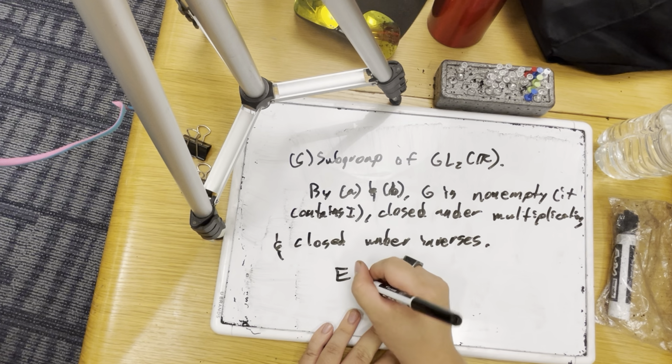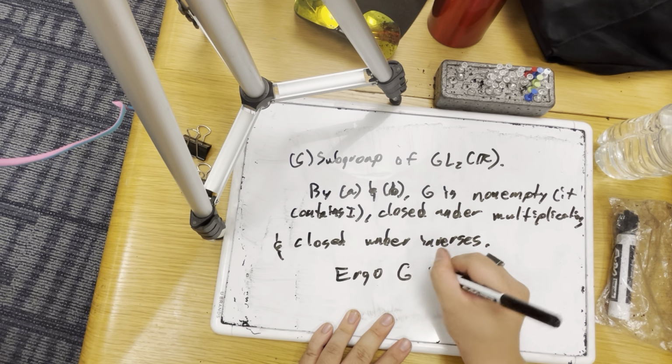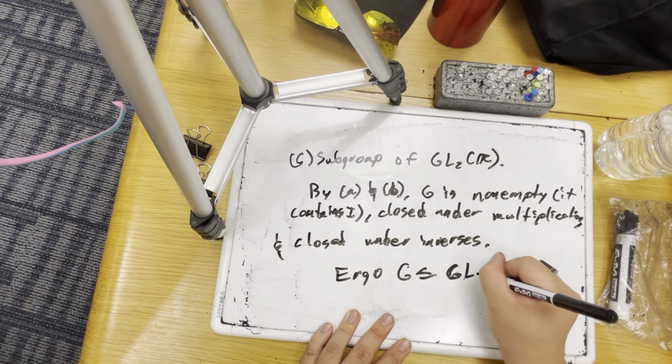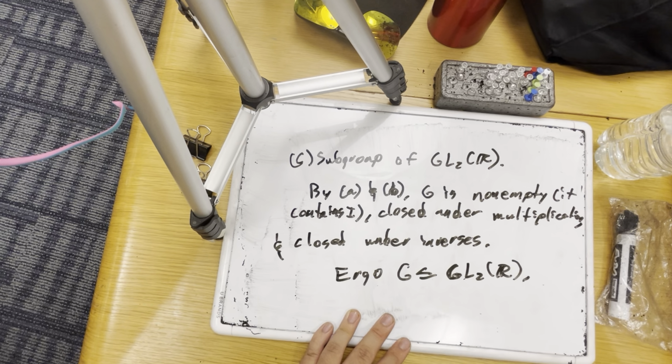Ergo, therefore, G is a subgroup of the general linear group with degree 2 over the real numbers. There we go.